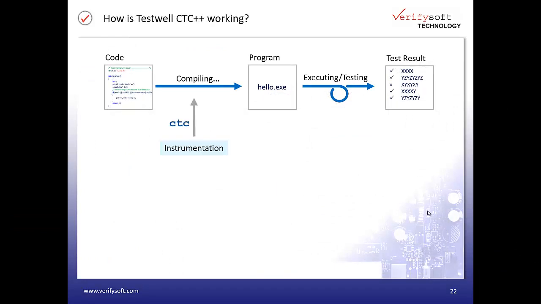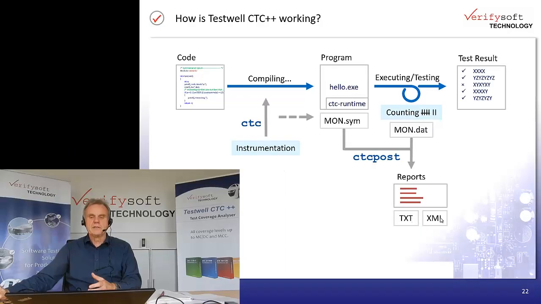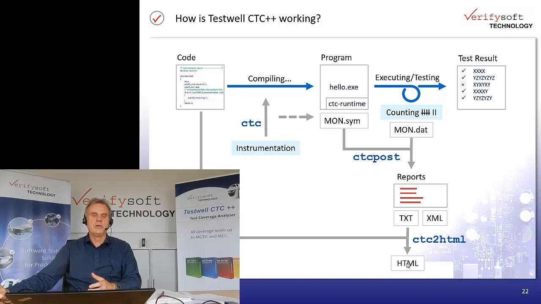So we have the reports in text and XML, and out of this we have also the HTML report, where we have the information about the coverage, but also the information about your code. We put this together and you see exactly in your code what has been covered and what is not yet covered.